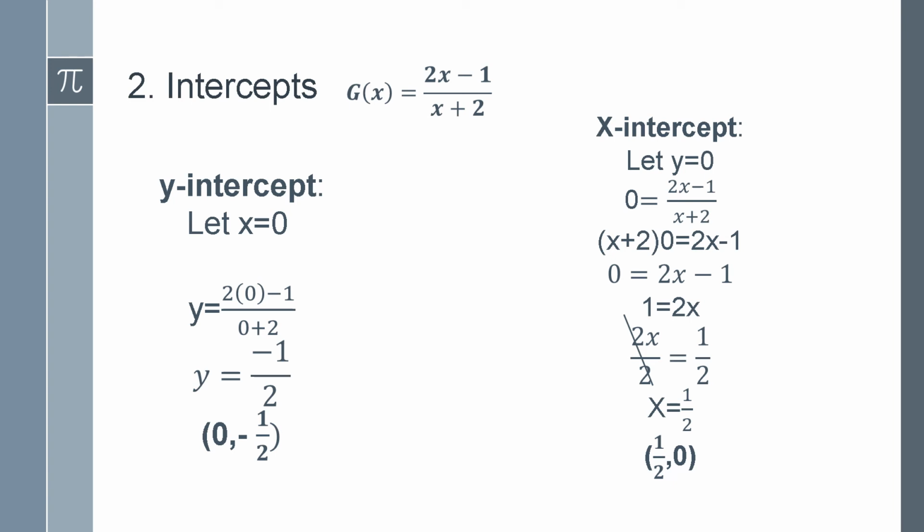And then, equals to 2x minus 1. Transpose negative 1 to the other side. Magiging 1 is equals to 2x. And then, divide both sides by 2 in order to isolate the x. So, our x is equal to 1/2. Therefore, the coordinates of the x-intercept is (1/2, 0).